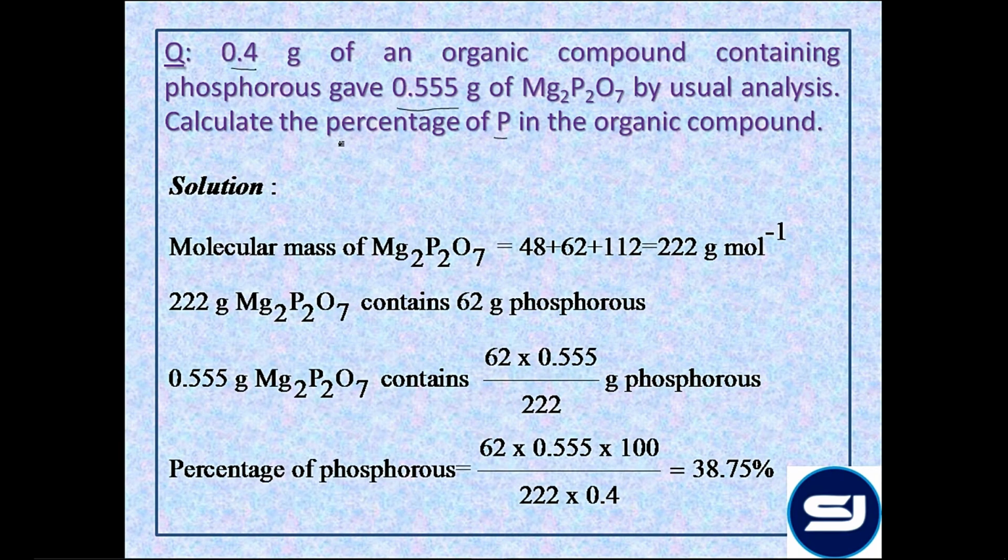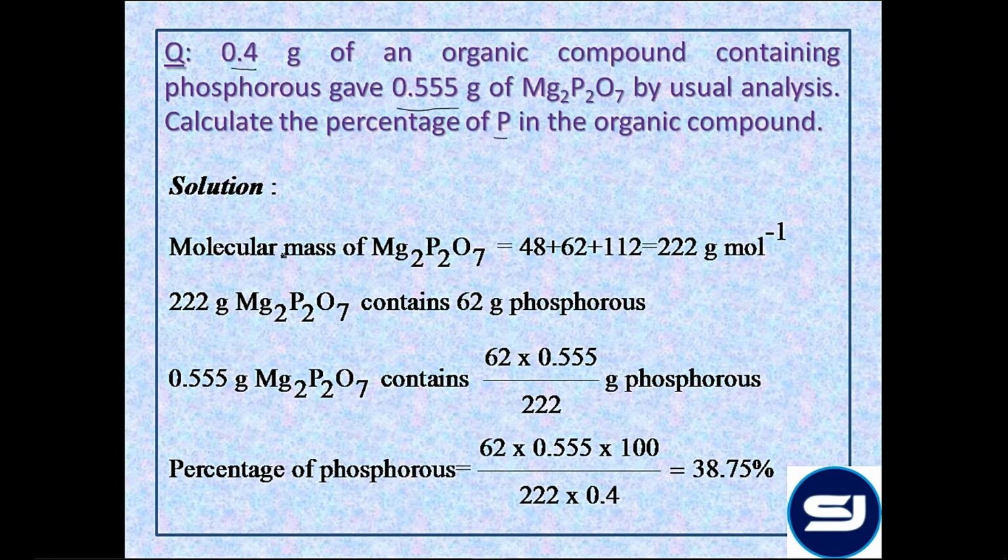So firstly, remember the molecular mass of Mg2P2O7. If you don't remember, then you can calculate it. The molar mass of Mg2P2O7 would be equal to 48 plus 62 plus 112, giving a total of 222 gram per mole.